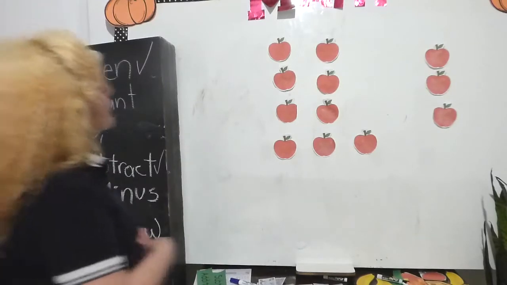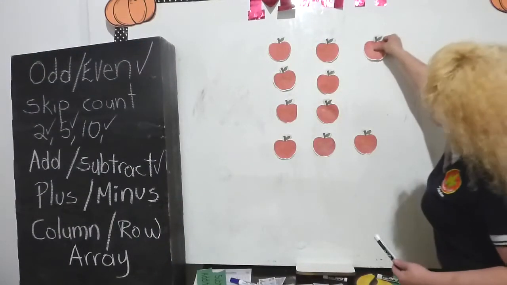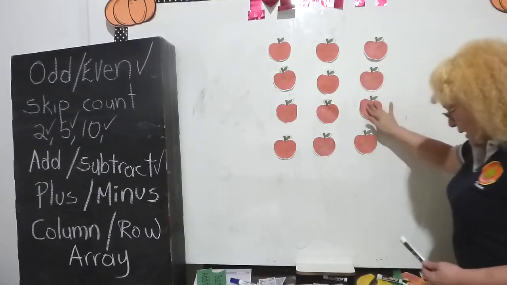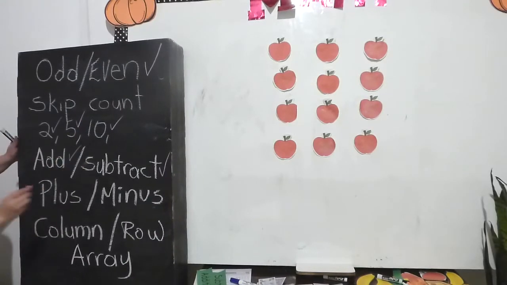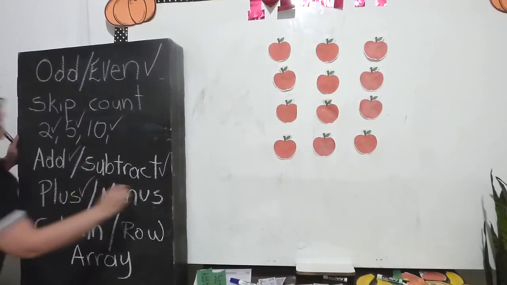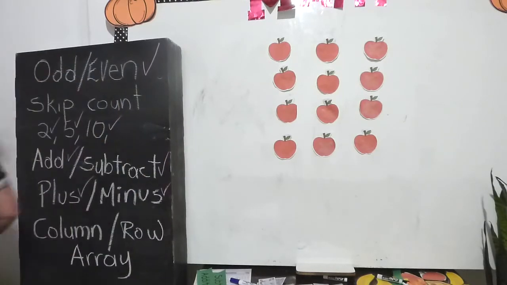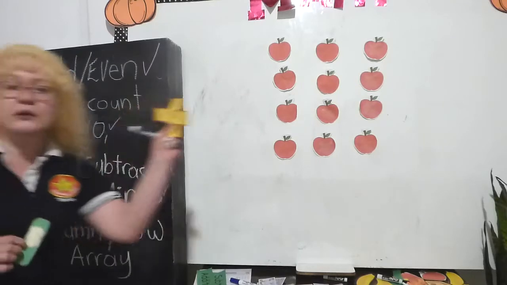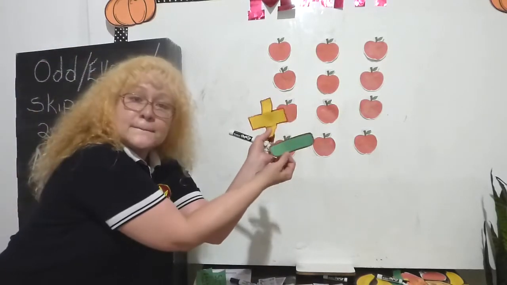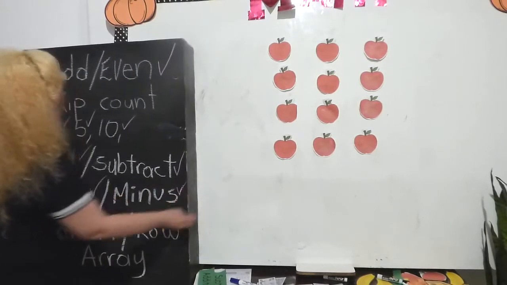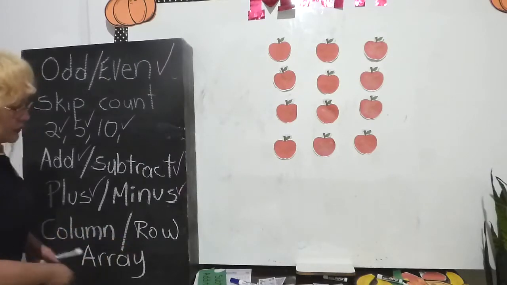Next, I'm going to put my apples back in place. And I didn't put my check marks. Add, subtract, plus, minus, plus, minus. Now we're going to talk about column and row.